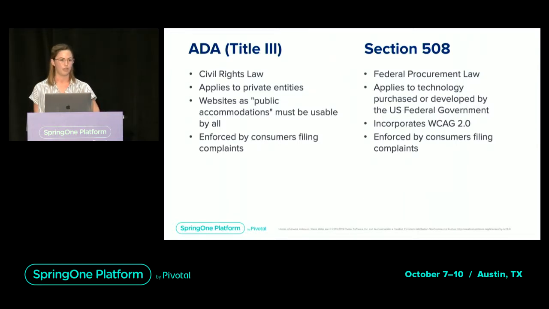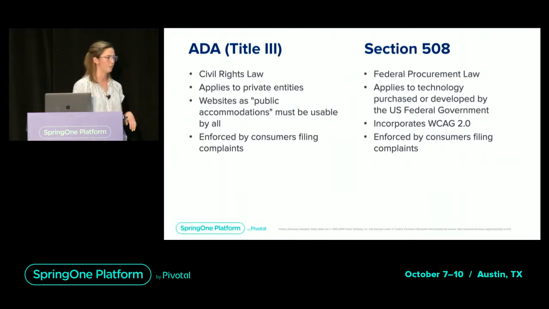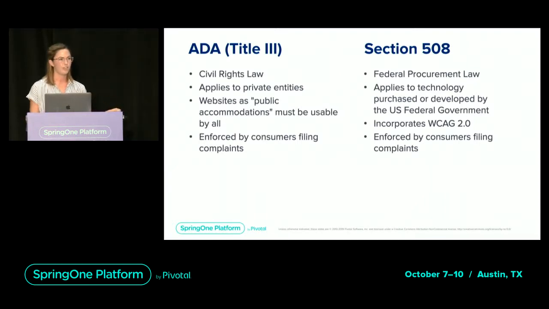Then there's Section 508. This is a federal procurement law, and it pertains to any applications that are built by or sold to a government entity. Both of these laws are enforced by consumers filing complaints. And as we can see from the previous slide, consumers are getting a lot better at filing complaints.